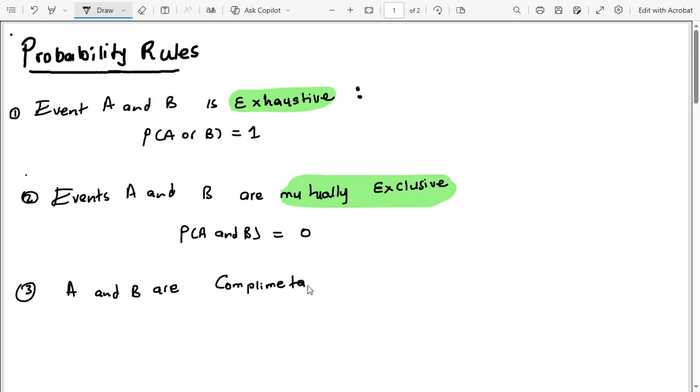So complementary events, ladies and gents, means that we have mutually exclusive and exhaustive events. Just note that when we say A and B are complementary events, it's just rule 1 and rule number 2.